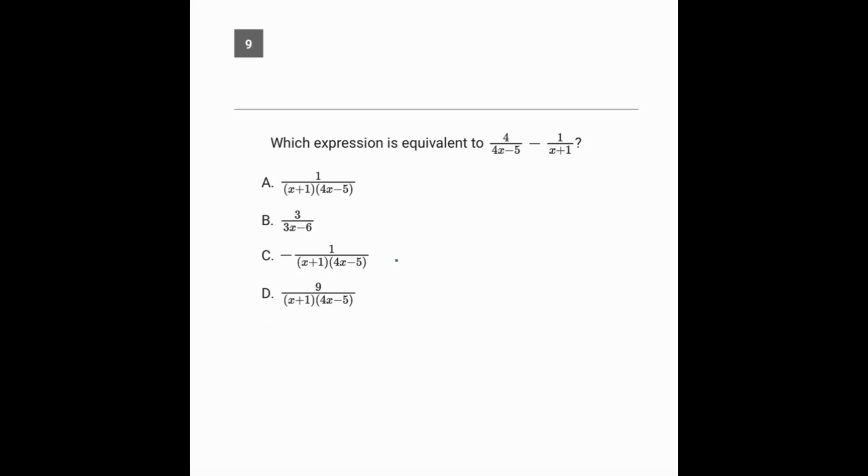Now going to question number 9, here we have a situation where we can benefit from getting some common denominators. Now, you can't really add fractions unless you have common denominators. One little thing I just did, if you didn't notice, is I took this negative sign and I made it plus minus. Now, those things are equivalent because if I'm subtracting, I am actually adding the negative of something.